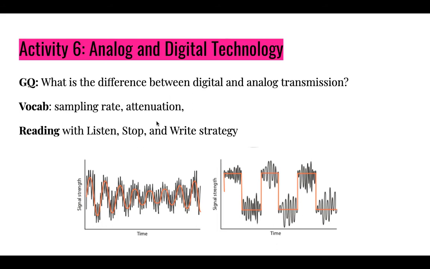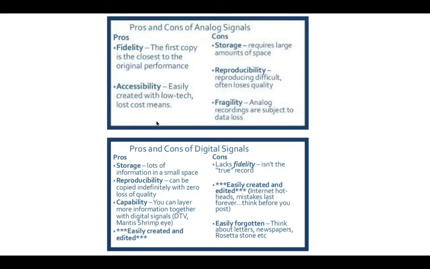This was a reading in your book, but I found this on the internet, and I really liked it. So the top is analog signals and the bottom is digital signals. For analog signals, there's some pros and cons. Analog is the original signal, right? Like you and I talking to each other is analog. Now, my voice is going into the computer, which then transmits it into a file digitally, then it's retransmitting so you can hear it.